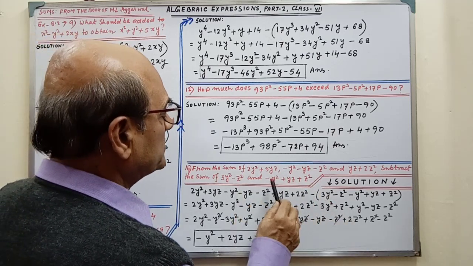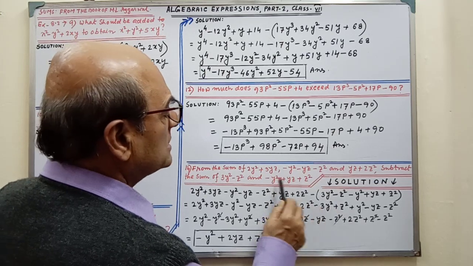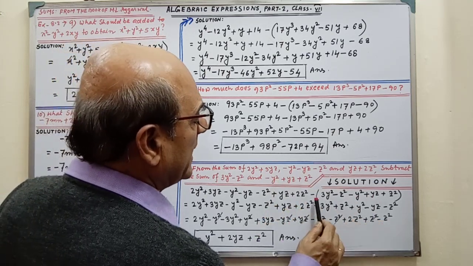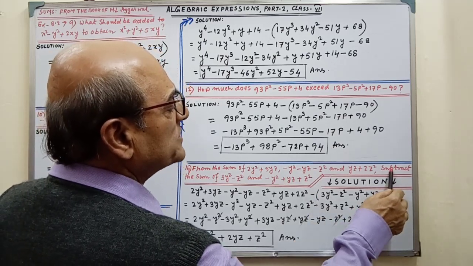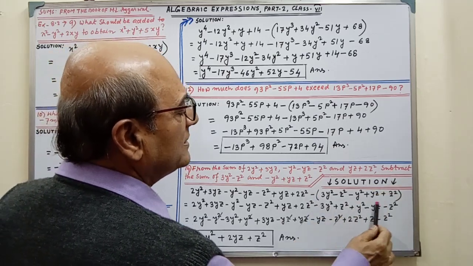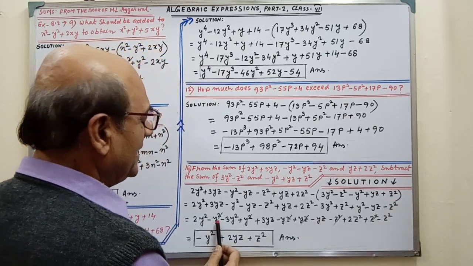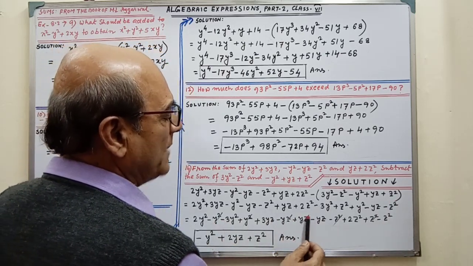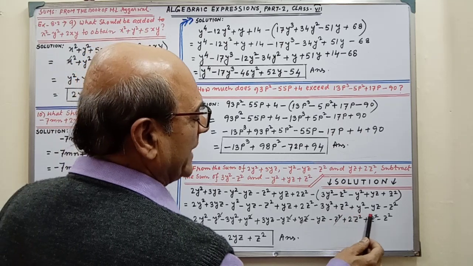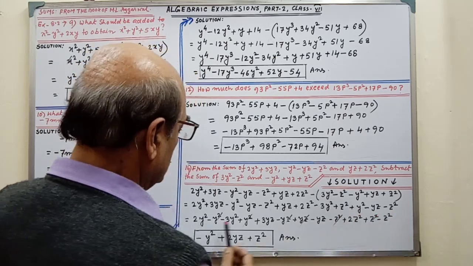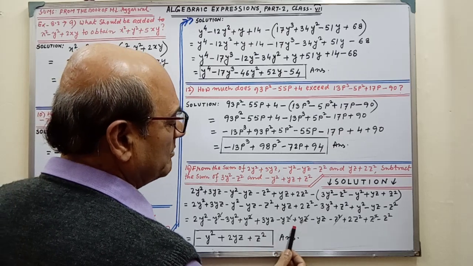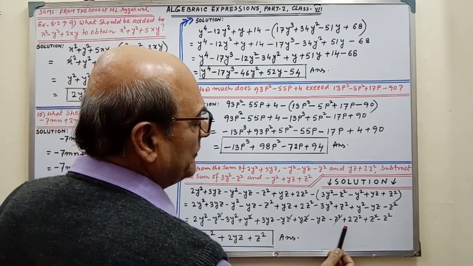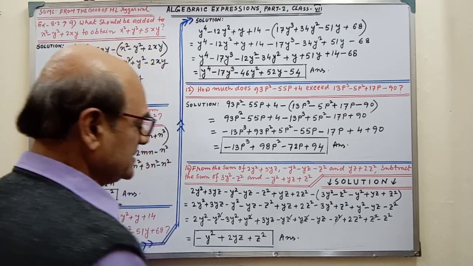In case of addition, the sign will be same. Here only the minus sign, this is for subtraction. After writing the expression in this way, then very simple, we have to eliminate the bracket by changing the sign. Then we have to take the like terms together, and then by simplification we will get the answer.